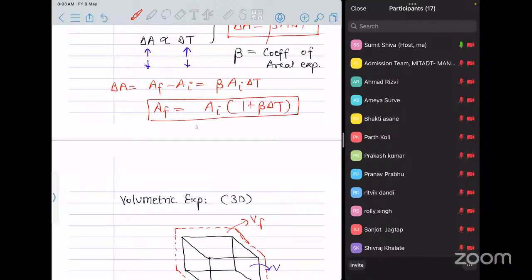So if you will include proper sign convention, you will get delta T less than 0, which implies that we are decreasing the temperature, and in that case change in length will also come out with minus sign, which again implies that there is negative increment or there is a decrement in the length. Are you getting it or any doubt?